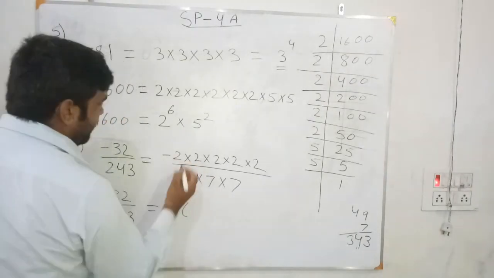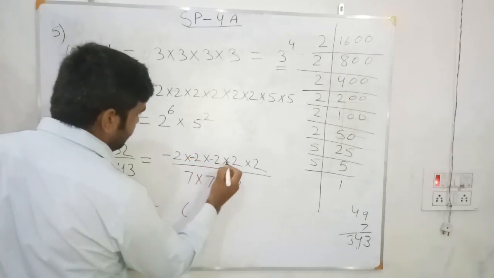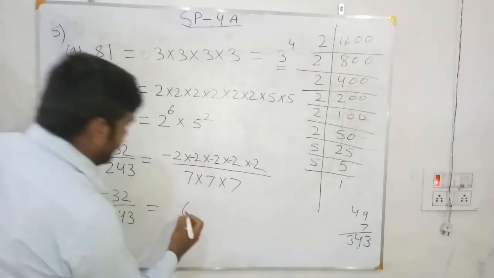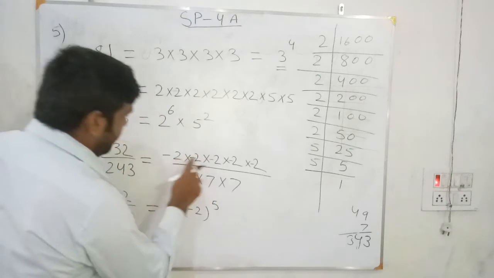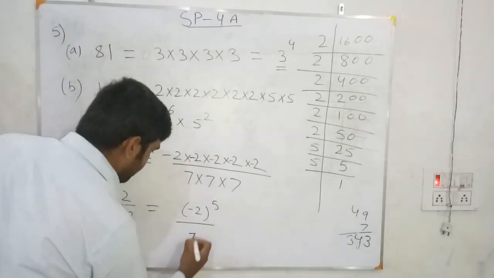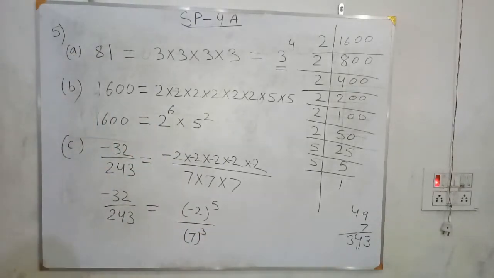So put -2 at every place: -2, -2, -2, -2. Okay. So here we write -2 to the power 5, 1 2 3 4 5, upon 7 to the power 3. In the short form, like this we can write -2 to the power 5 upon 7 to the power 3. Okay.